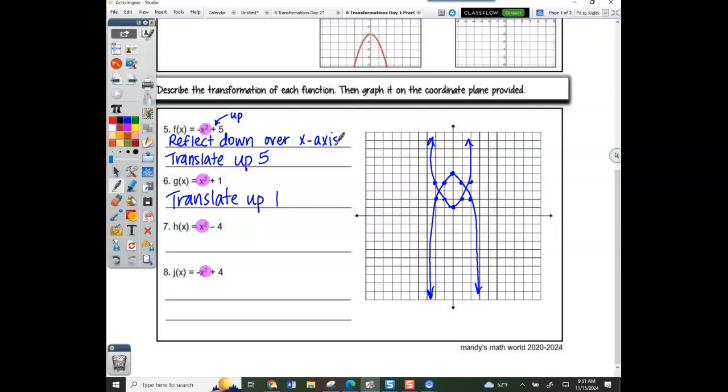Wait, it affects what? Yours says reflects down and shifts up 7. They want you to write the function. Try it. G of x.